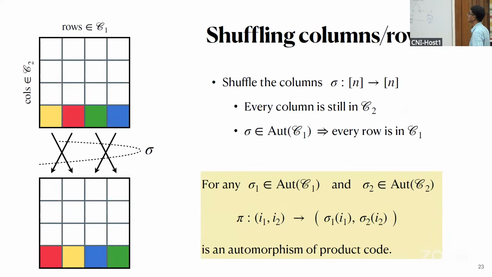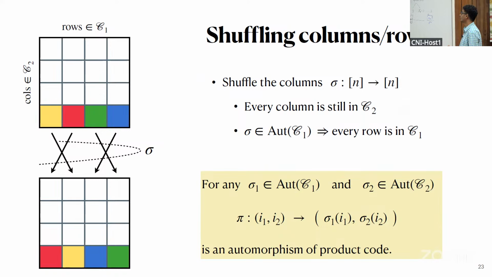So I want to see, let's say I designed a product code, can I do some automorphisms on it? Let's say I want to shuffle the columns. Remember that columns belong to C2, rows belong to C1. You apply some permutation on the columns, so you're simply jumbling up the columns. After you jumble up the columns, every column will also belong to C2 because you did not touch the columns, but the rows you would have jumbled up.